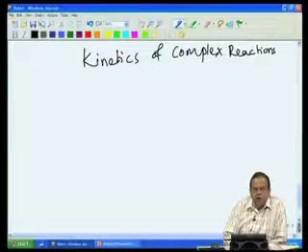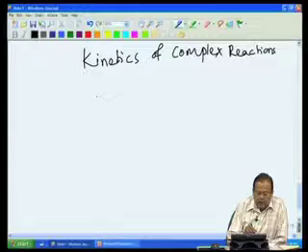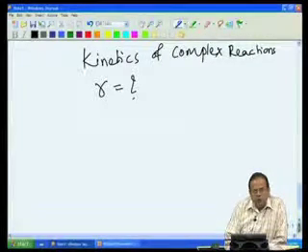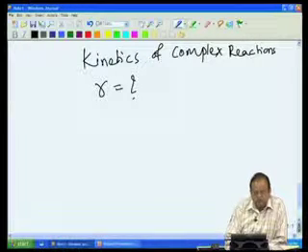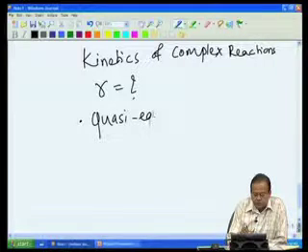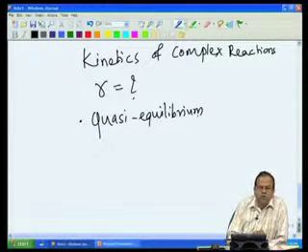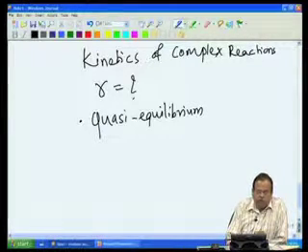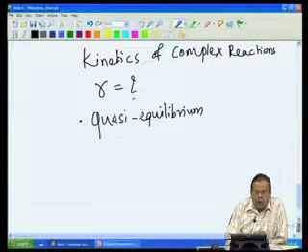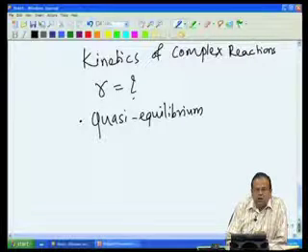Now, to deal with complex reaction kinetics and get the rate of this reaction, we essentially developed two concepts, namely the quasi equilibrium approximation, where we say that if there is a large number of reactions, then one or more are the rate determining steps, and all other reactions have attained their equilibrium.